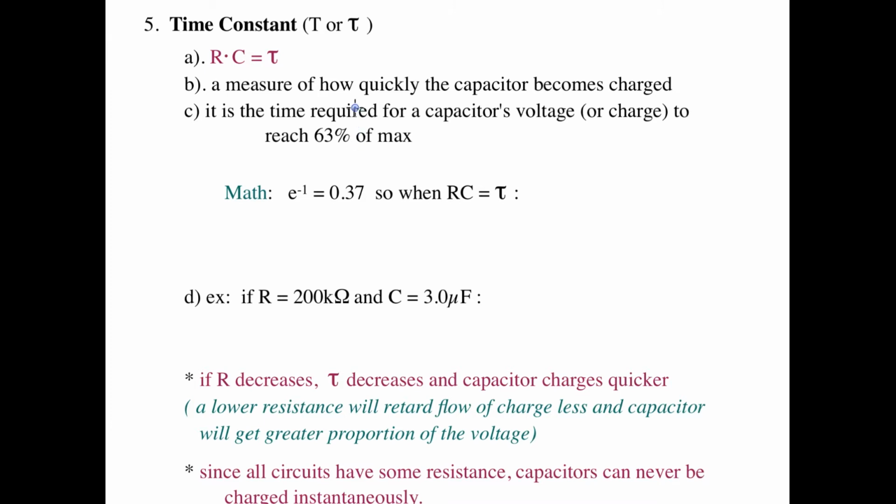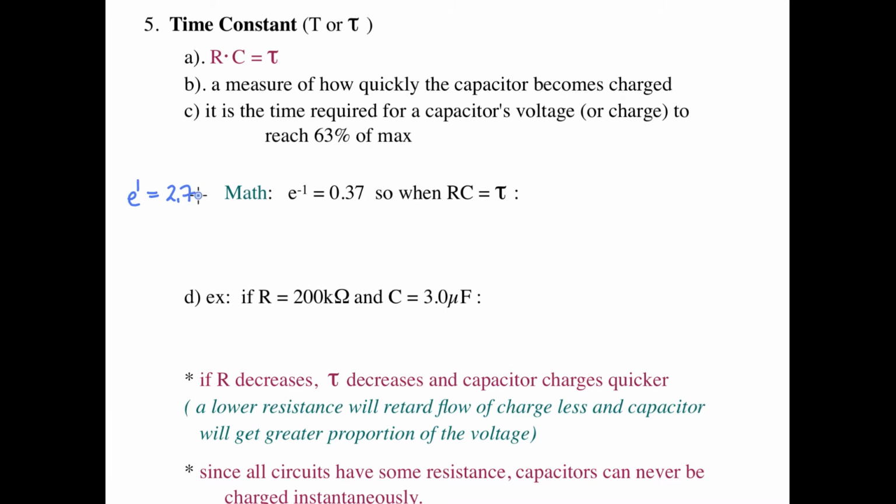Now, where does this 63% come from? Because that's kind of a weird thing. Why would we care about that, or how does this become relevant? Here we have e to the negative 1. In case you have forgotten any math, let me do a little side: e to the 1 is around 2.7. You know me, I don't remember numbers.